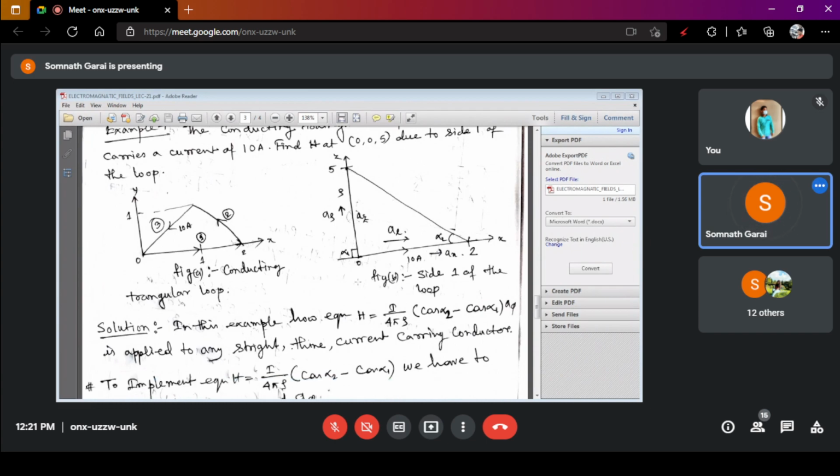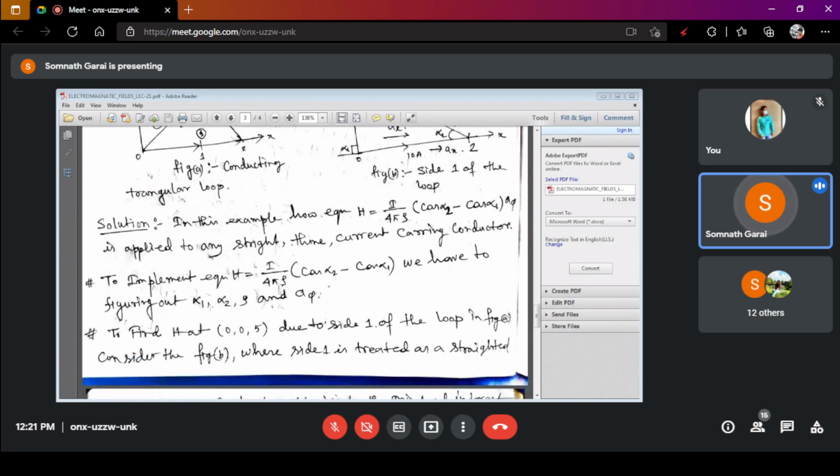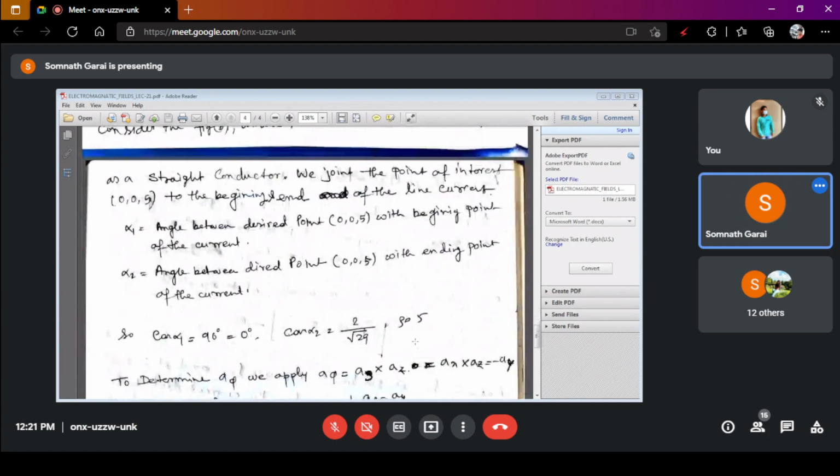The direction of rho is a rho, and if this represents x, the direction is ax. So we have to figure out alpha 1, alpha 2 and rho, and the last one is the unit vector a phi.